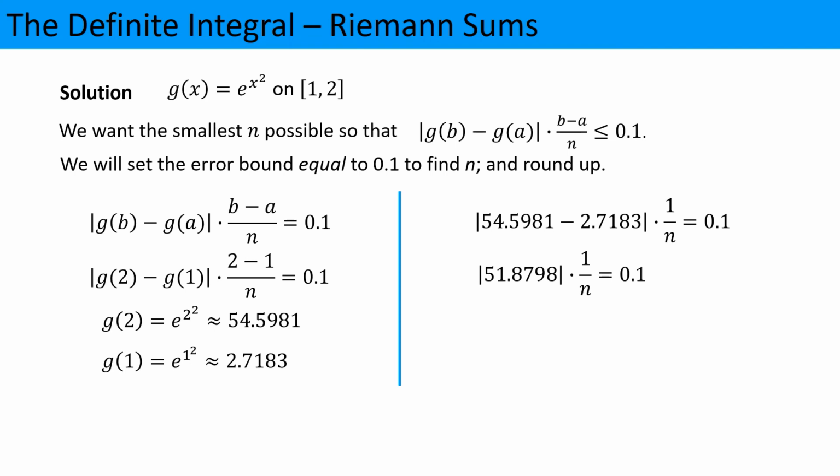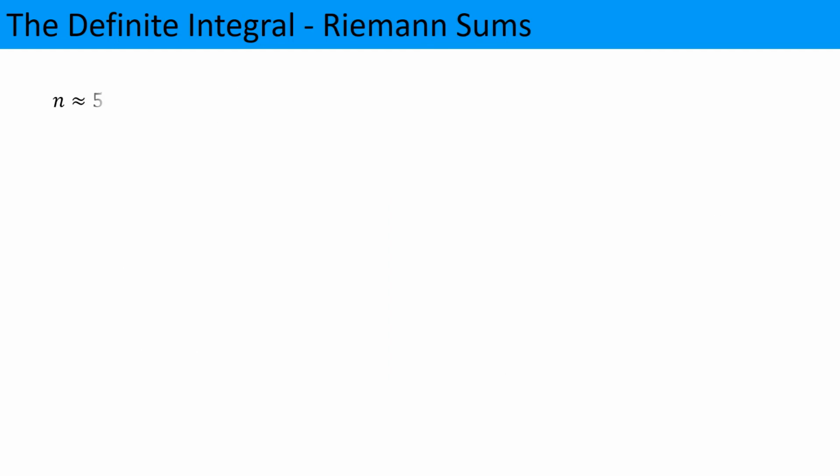We're solving for n, so let's cross multiply the n and the 0.1, which will give us 51.8798 divided by 0.1 equals n, and we'll get that n is approximately 518.798.